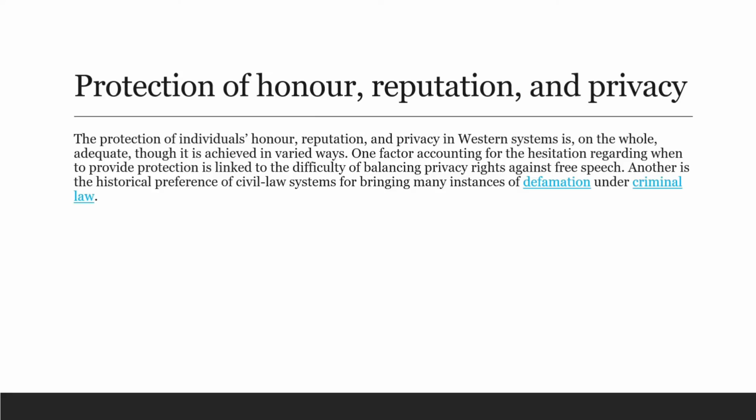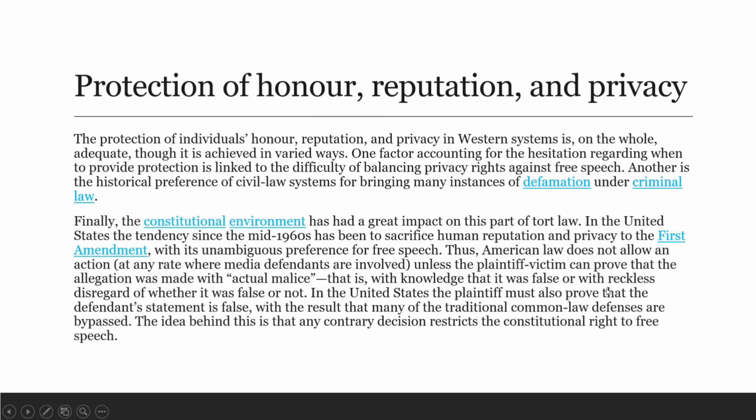Another is the historical preference of civil law systems for bringing many instances of defamation under criminal law. Finally, the constitutional environment has had a great impact on this part of tort law.